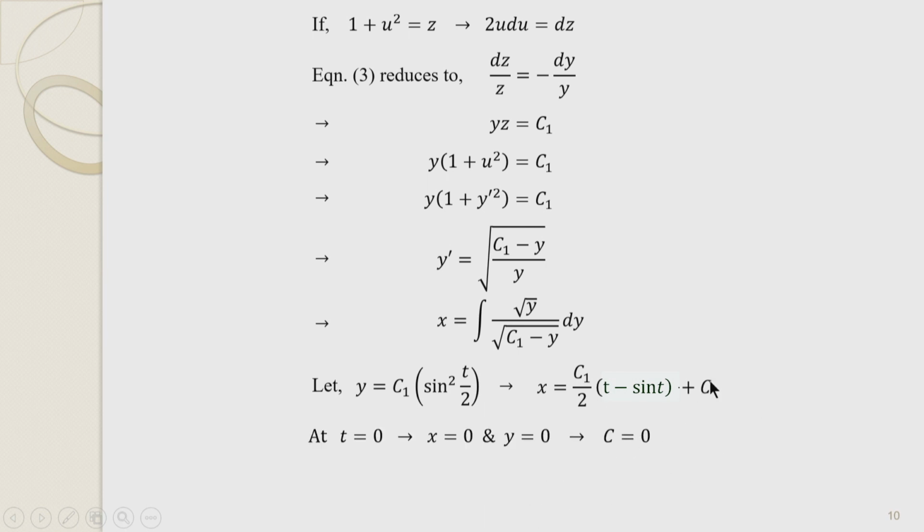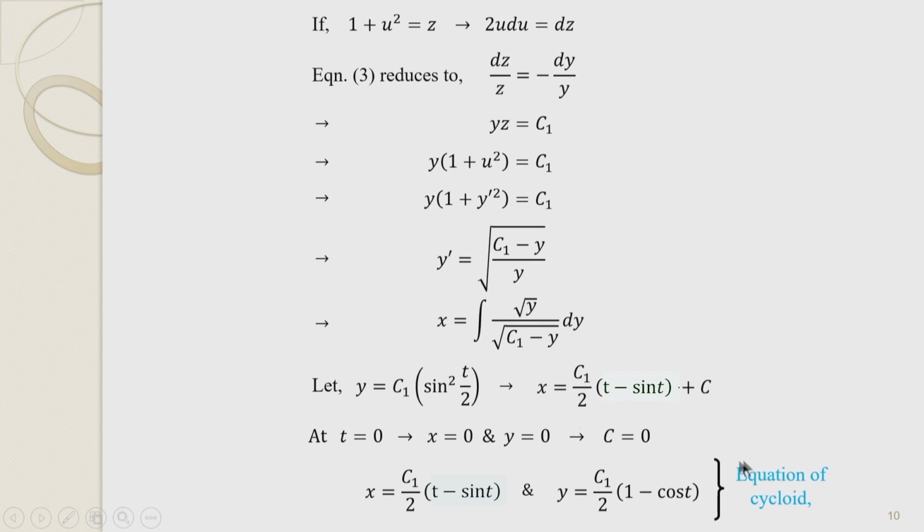Now, this constant can be found, as you remember, we have chosen our origin at starting point, that is when x equal to 0, y equal to 0, and that is at starting, that is t equal to 0. So, from that condition we can find that c equal to 0. So, then we have y equal to this and x equal to C1 by 2 (1 minus sin t).